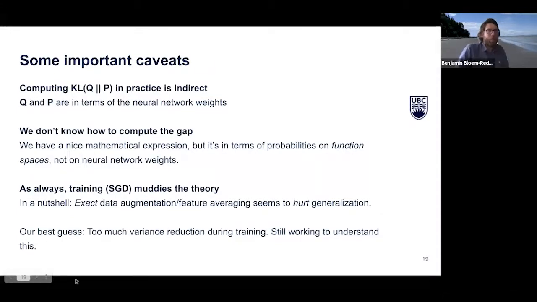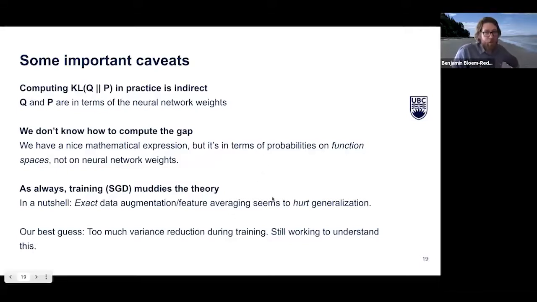In particular, we don't know how to compute the symmetrization gap. We have a nice mathematical expression for it, but in practice we don't know how to compute it, so we don't actually know how beneficial the symmetrization can be. That's something we're working on.